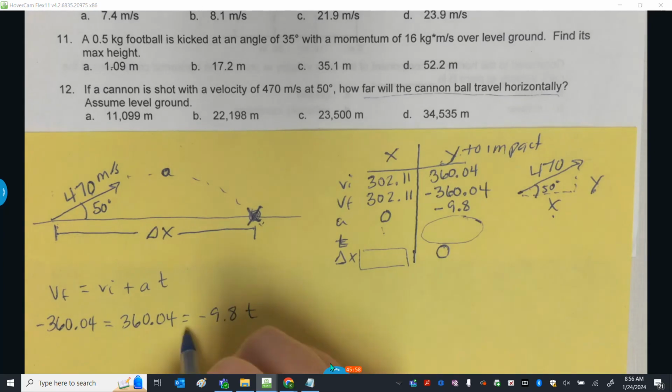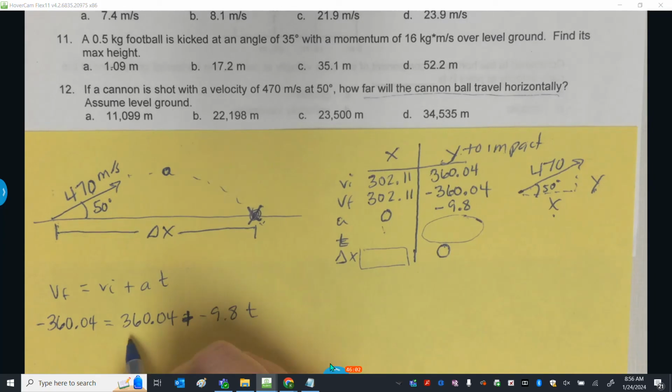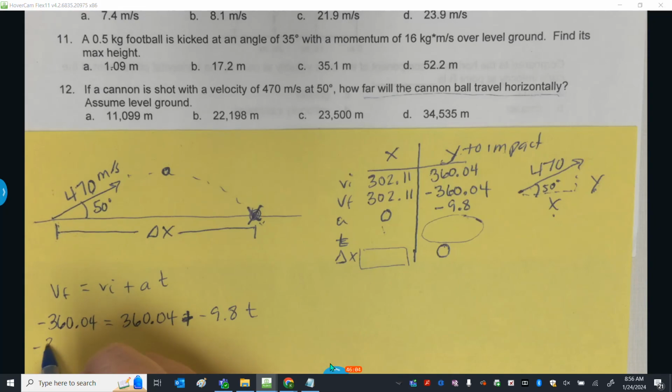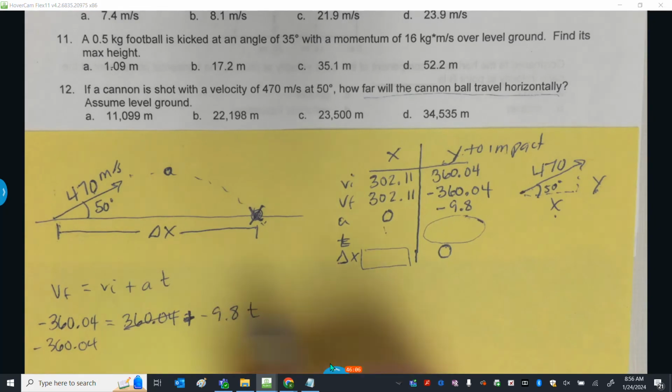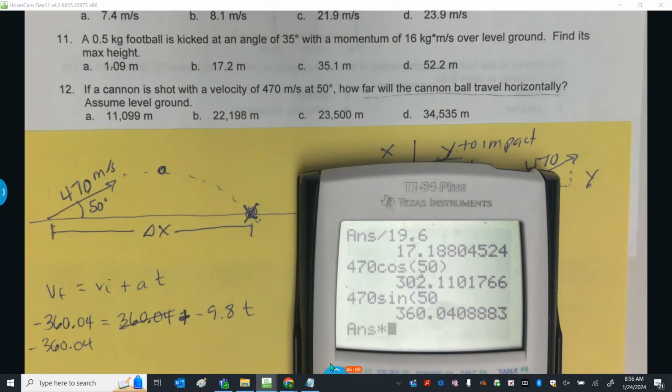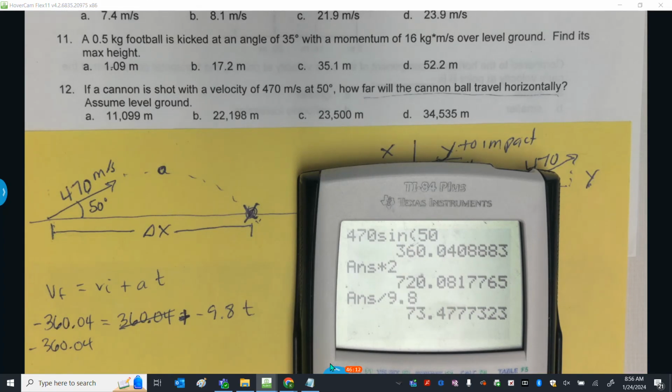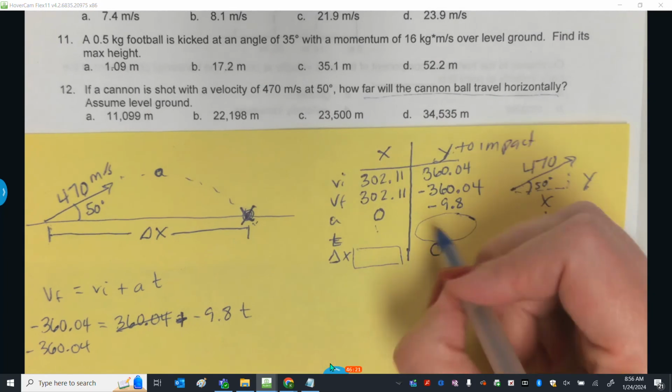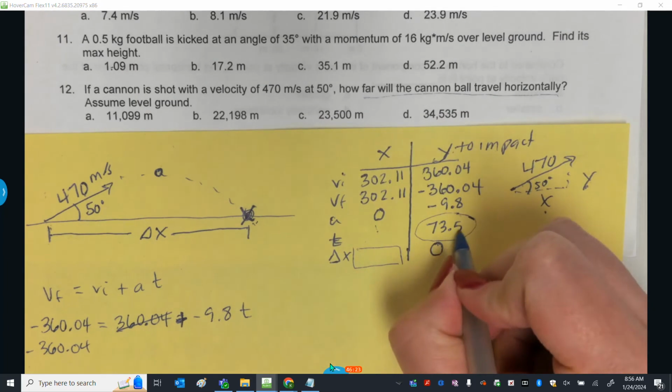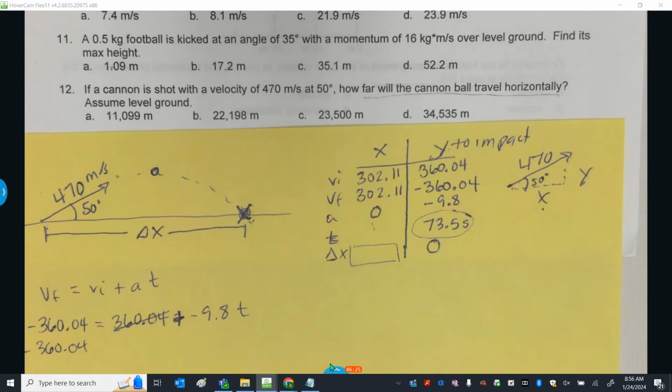Okay, so I'm going to subtract this from both sides, and then divide by 9.8. The negatives are going to cancel, and that's my time. 73.5 effectively would be my time. I rounded that.